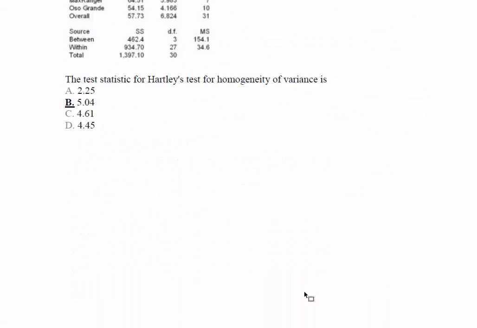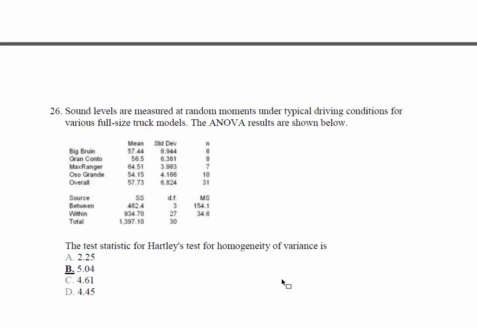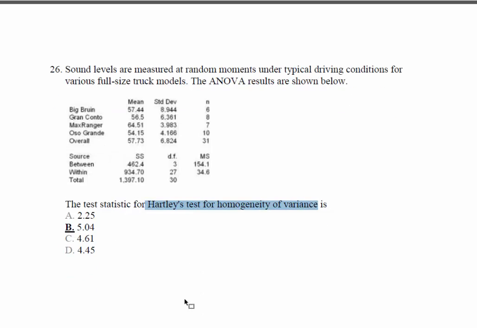The last question is not required because I did not require this of you in the lecture or for your exam, but just so you know, this is called Hartley's test for homogeneity of variance. It equals the maximum variance over the minimum variance. Which one of the four groups here has the maximum variance? First, we don't have variance here, but we do have standard deviation, right?